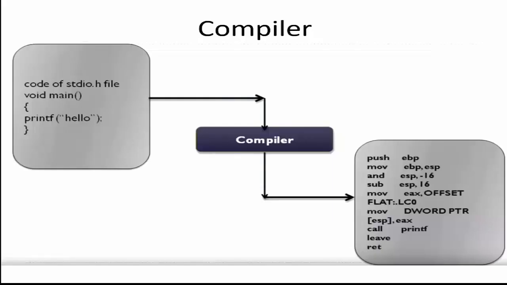I actually have an example here, I guess. Good. So this is an example of an assembly code. It's the lower level code that the processor understands.